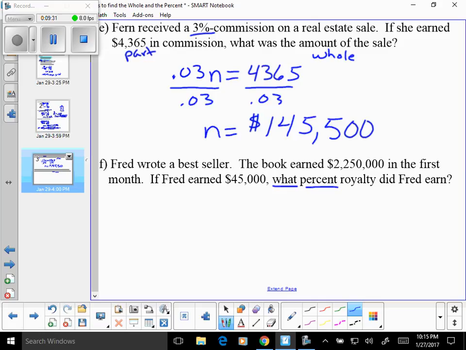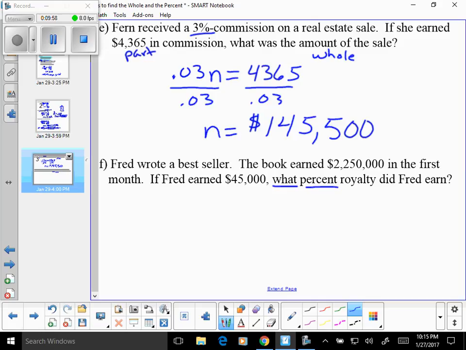Now, a royalty is what they call a commission type amount, based on the sale of a book or on showing a television program or a movie. For example, a lot of stars on television programs earn royalties when they show reruns of the television program.